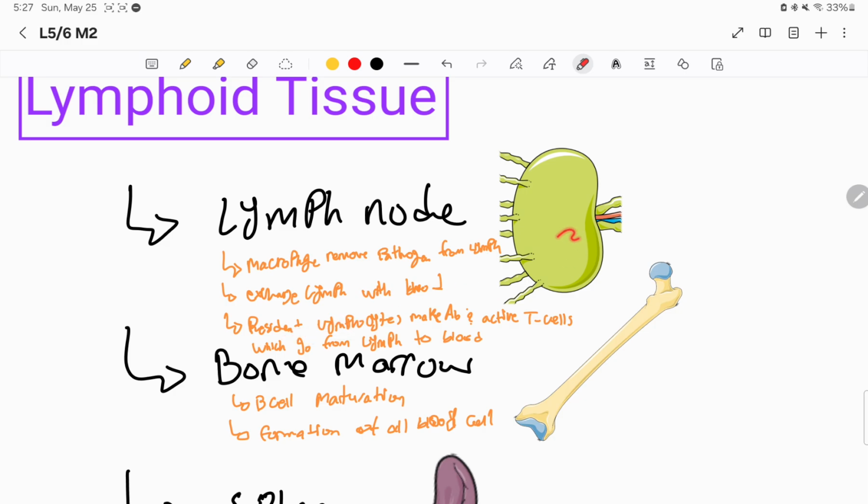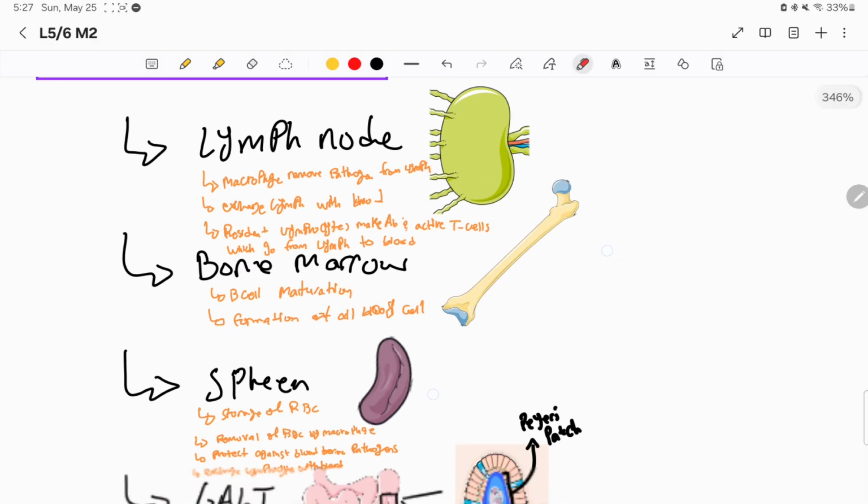And there are lymphocytes in here. They call them resident lymphocytes, such as B cells and T cells. The resident lymphocytes make antibodies, and the activated T cells that are in here will go from the lymph to the blood to go and fight off the infection, but only when they're activated.